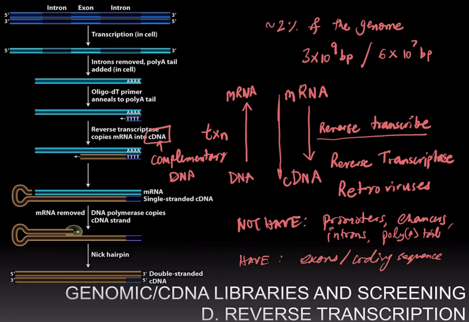Let's say we took brain tissue, and there are about 5 to 10,000 genes that are expressed in brain tissue. And if we treat that RNA with reverse transcriptase and a DNA polymerase, we will get 5,000 or however many mRNA molecules there are, we'll get a corresponding number of cDNA molecules.